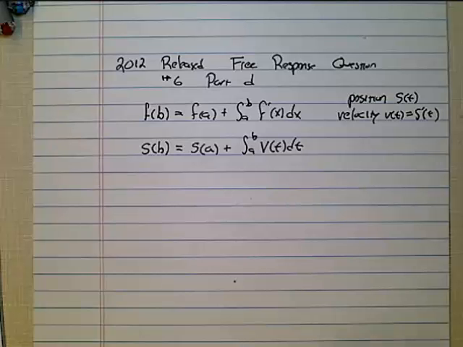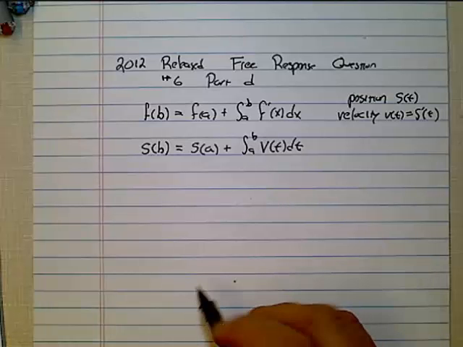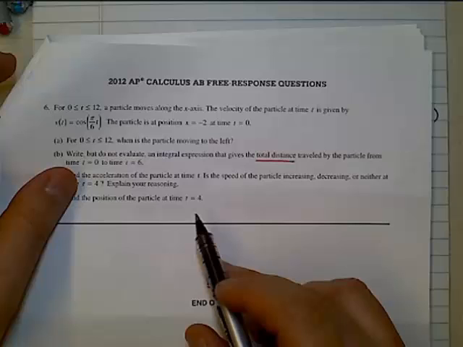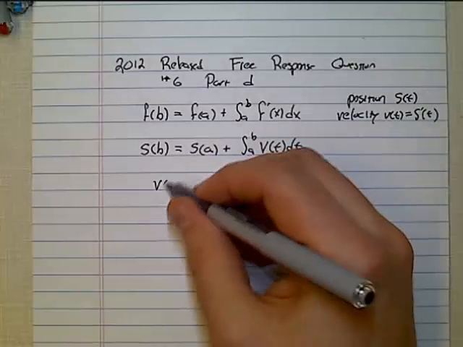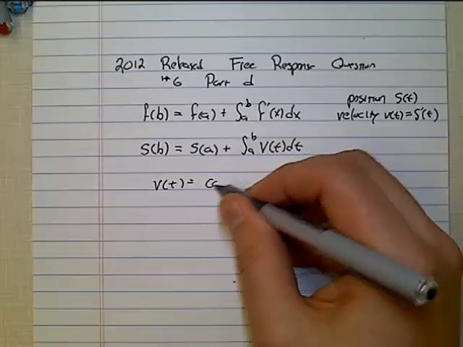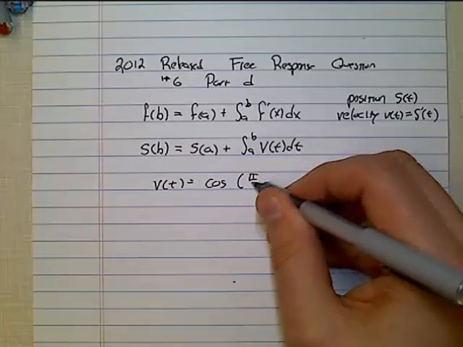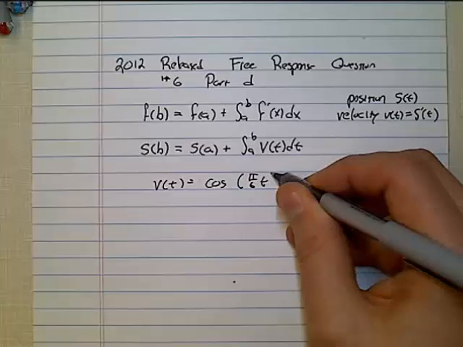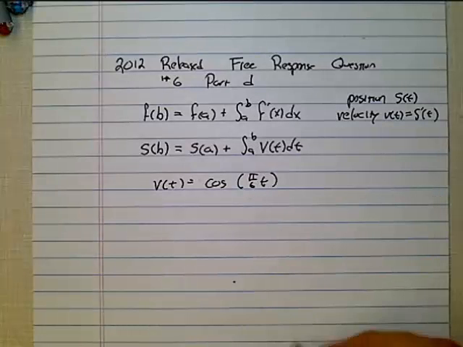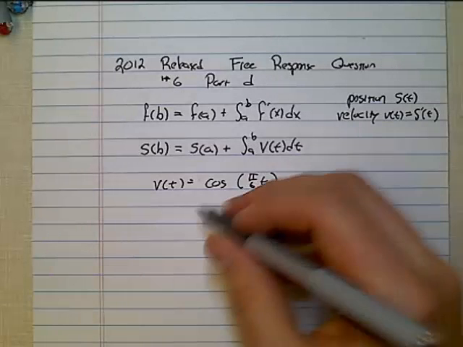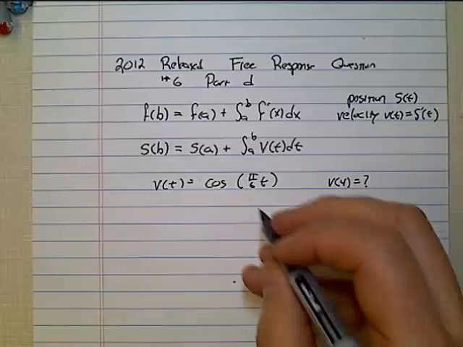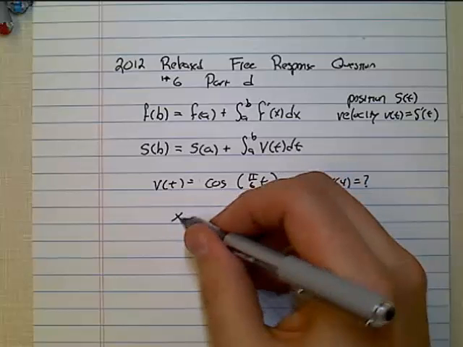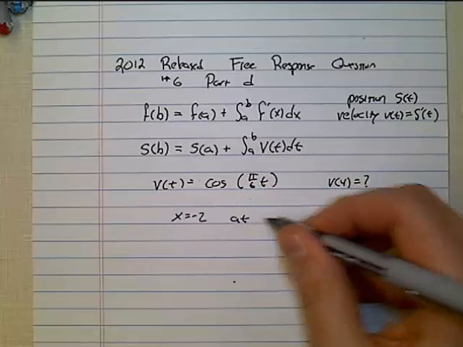So for our particular function, we're interested in finding the position at time t equals 4. Here's what we have. We have v of t equals cosine of pi over 6 t, and we're asked for the position at 4. And they tell us that x equals -2 at time t equals 0.